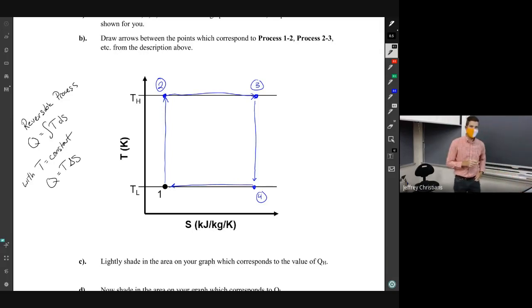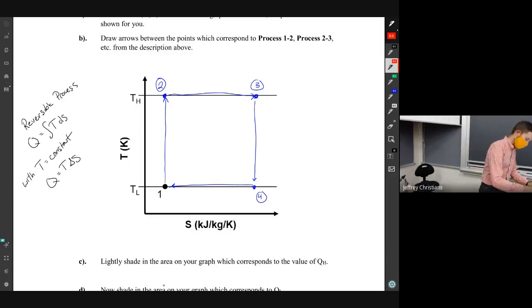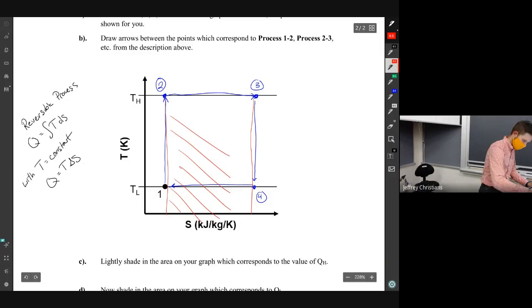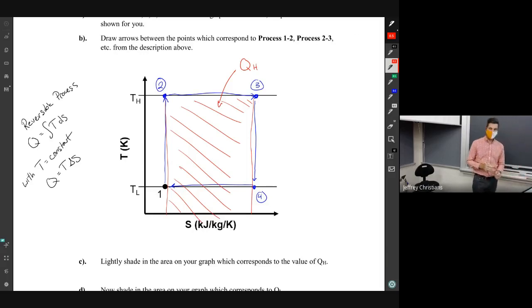So with temperature constant, isothermal, Q equals T delta S. So we can think about that graphically because Q equals T delta S, area equals base times height. So the value of QH is base times height, right?